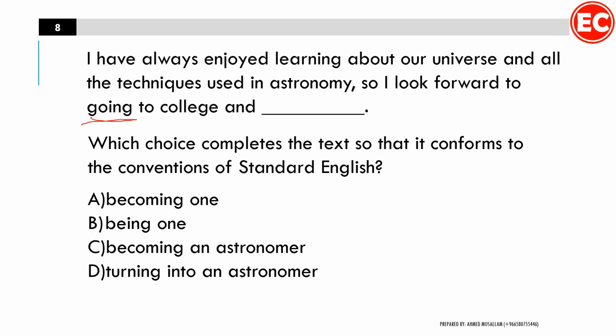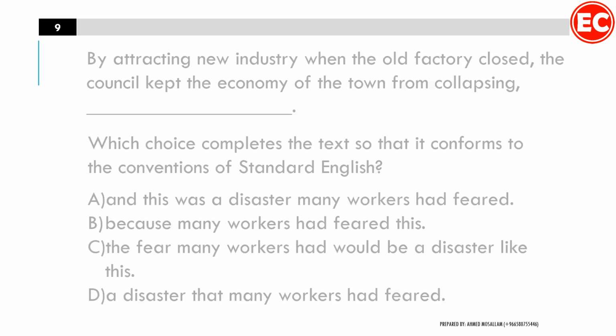So all of them are doing this. I look forward to going to college and becoming one. One of what? Being one doesn't make sense. Becoming an astronomer. Okay, this is clear. Turning into an astronomer? So what were you before? Not a human being? Doesn't make sense. So the answer is going to be C.